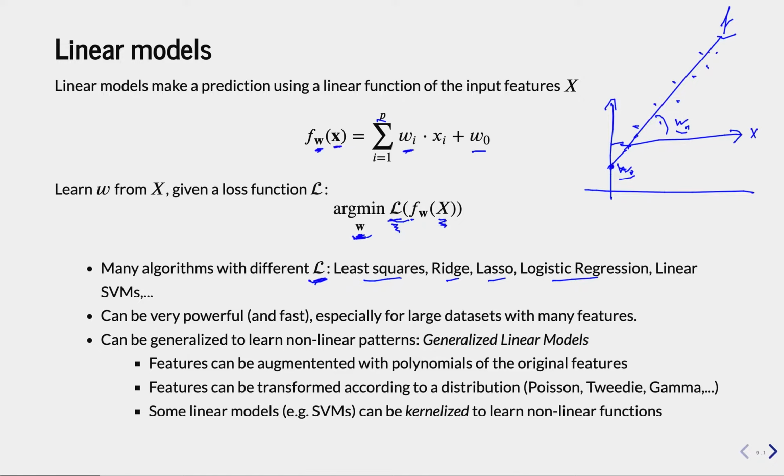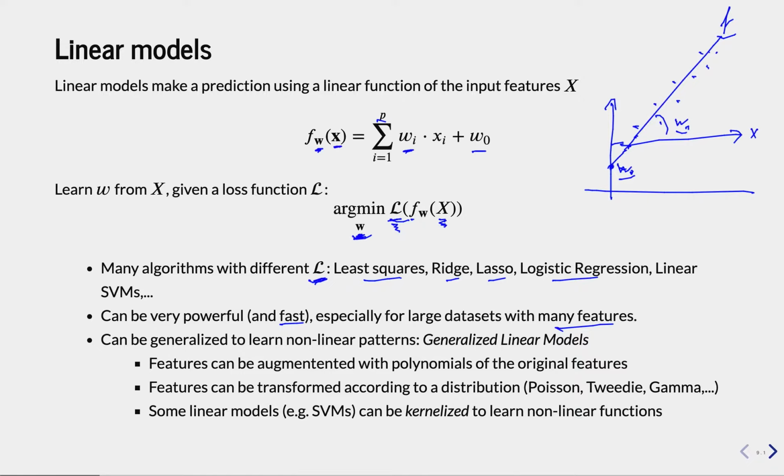Now, this class of linear models is very powerful and especially fast. So if you have a large data set, then linear models are definitely a good idea, especially if they also have many features. They're not so good whenever you have a data set which has a very complex structure and only a few features, because it's a linear line, it cannot really learn complex functions.